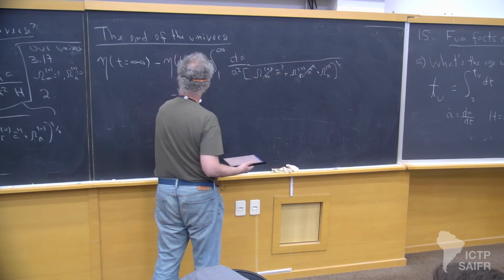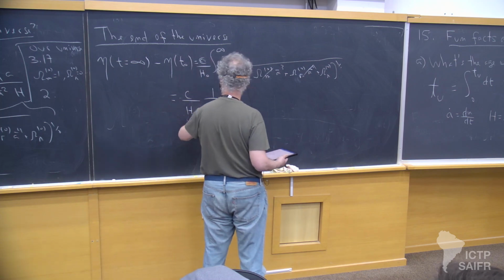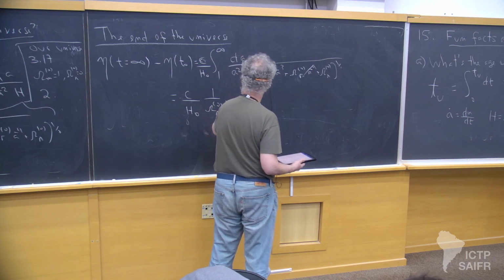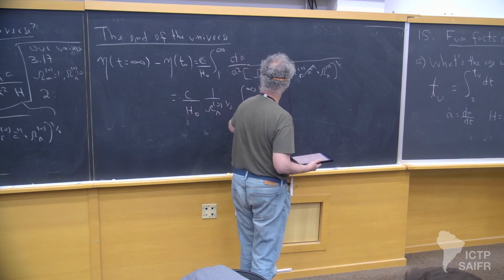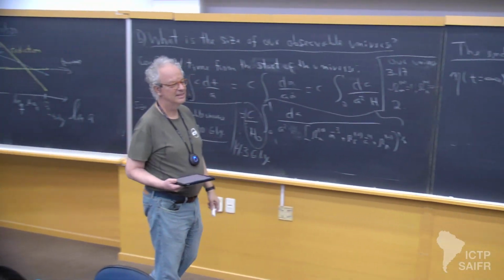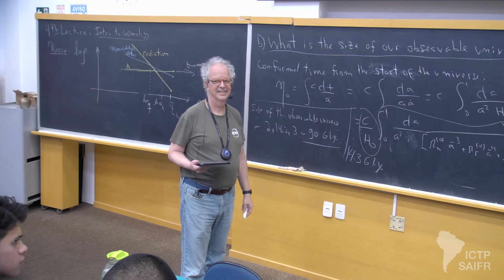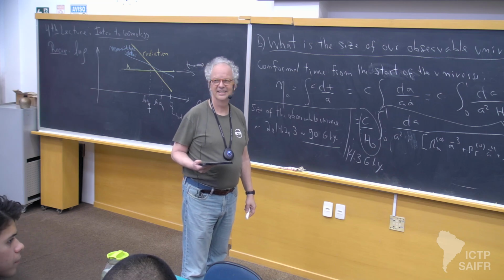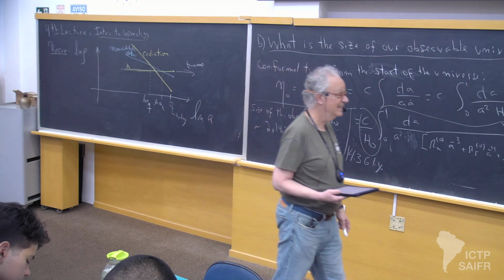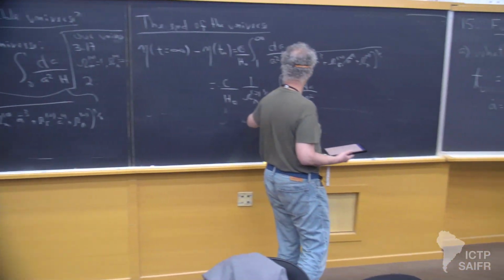So I can just neglect the others, just for fun. So this is c over H naught, times 1 over omega lambda to the half. Then I have an integral. How much is this integral? One. So it's finite and it's 1.